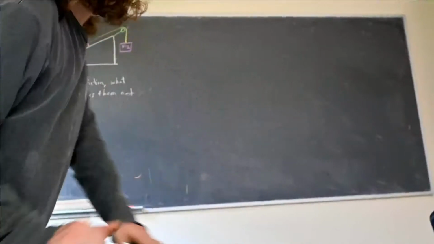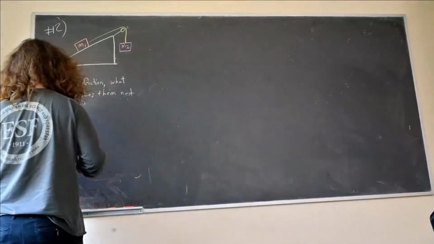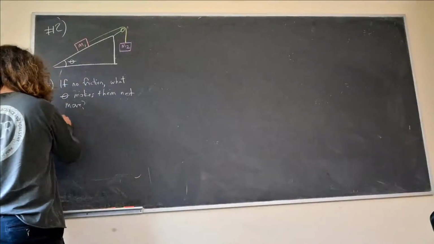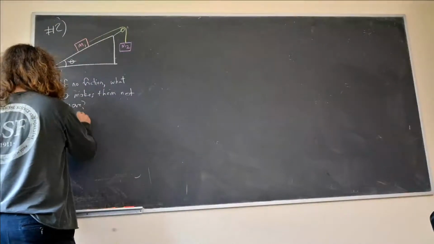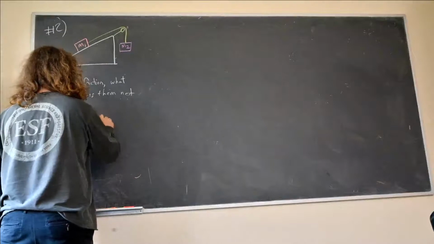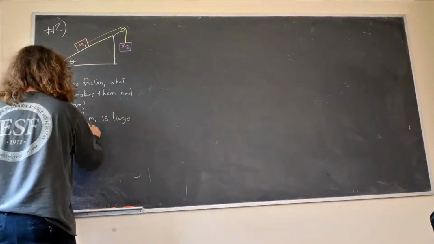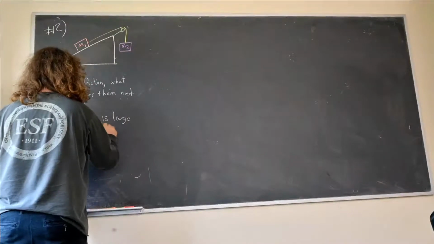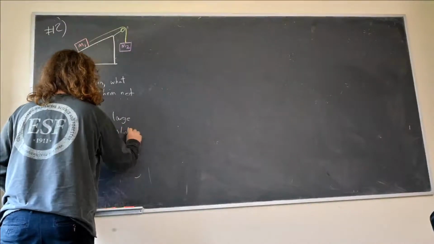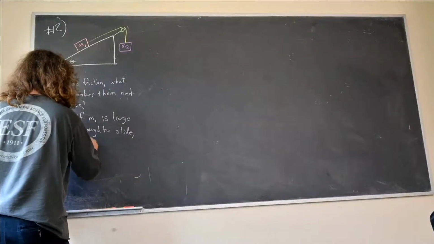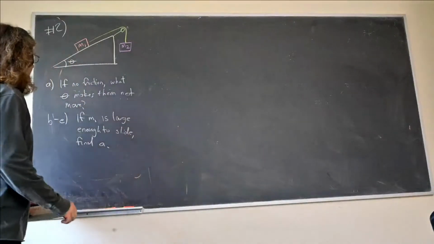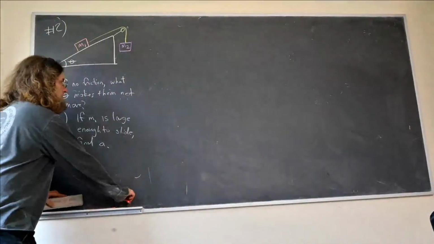So B, C, D, and E is find the acceleration. So we'll do all that in one big bite. So B through E, if M1 is large enough to slide, find the acceleration. Okay, so let's get to work.